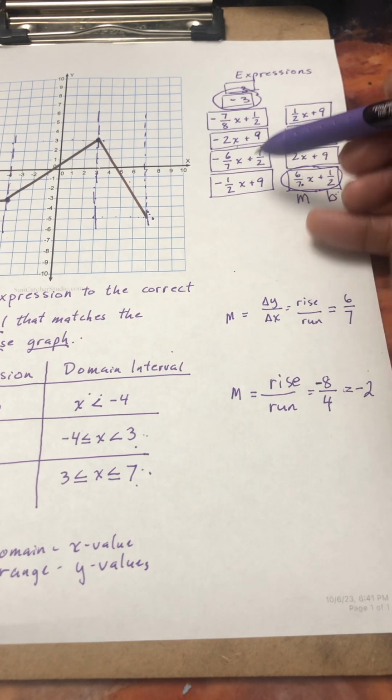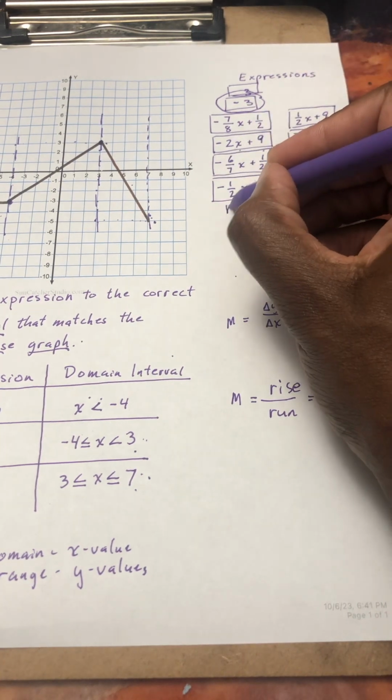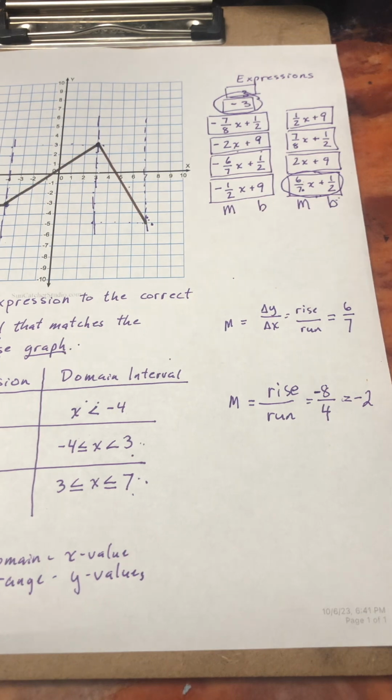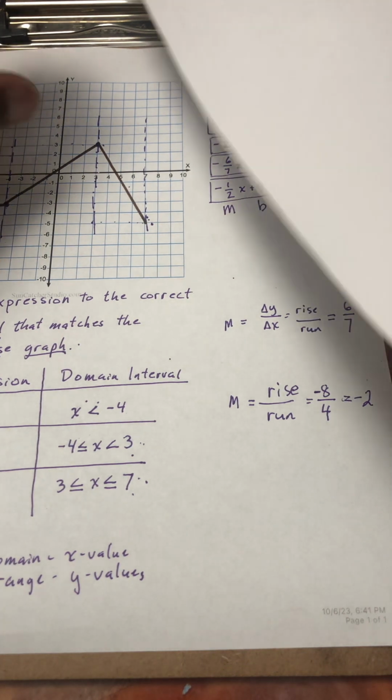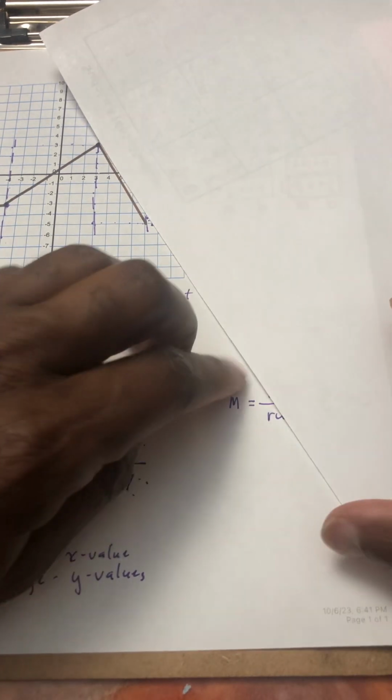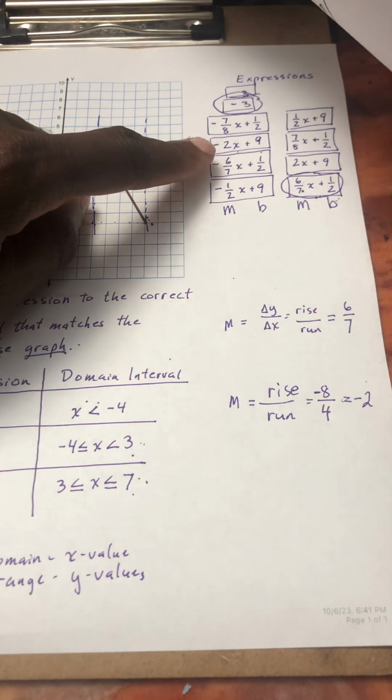Now the y-intercept. So these are my slope, and here goes the y-intercept. To find the y-intercept, I'm going to use a little trick. Instead of doing it algebraically, let me just extend the line. Let me get this piece of paper and act like I extended this line. The y-intercept should be at 9, because remember it says -2x plus 9.